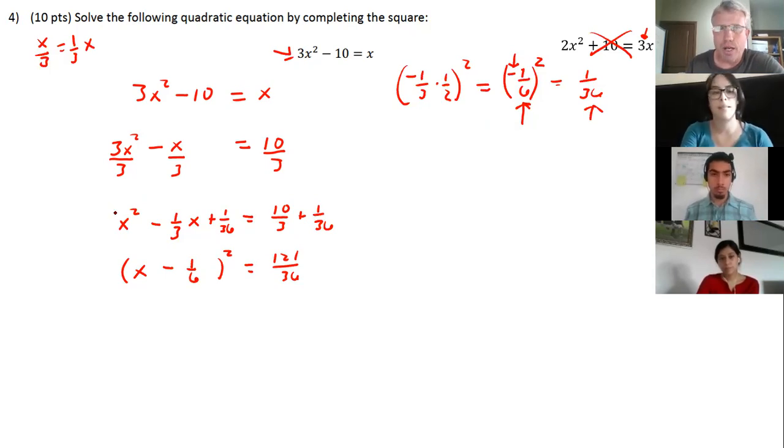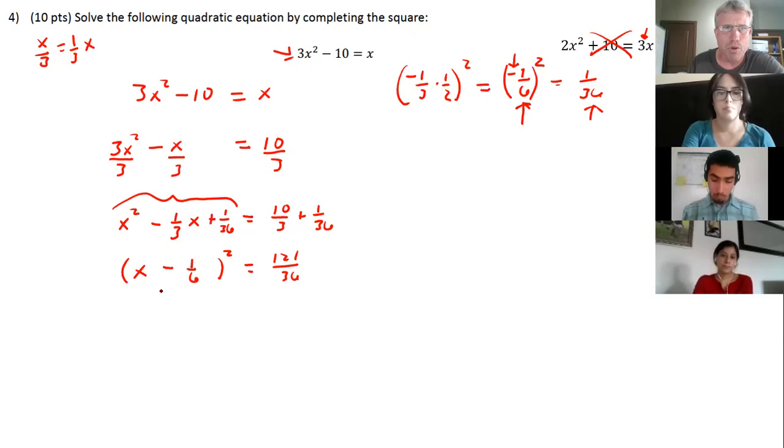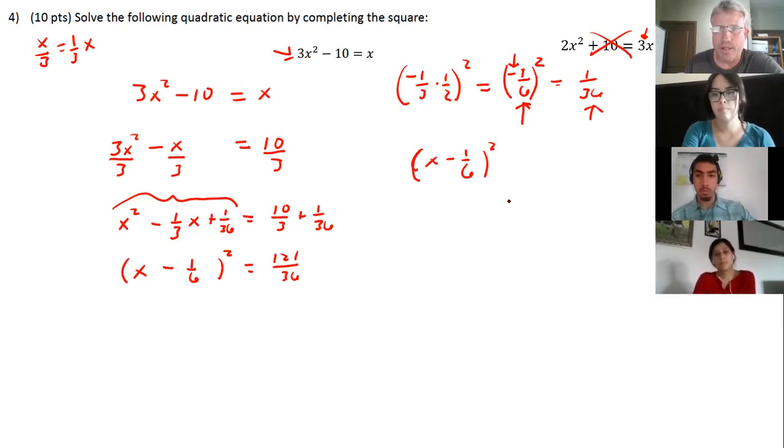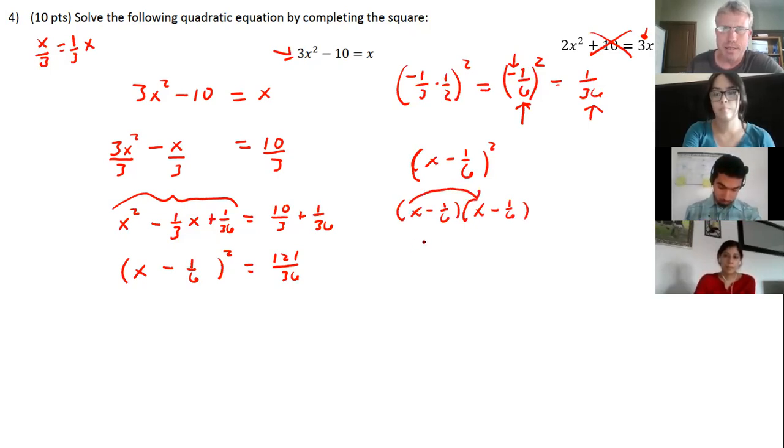And you could check your work on this. You either completed the square correctly here, or you didn't. So what you want to understand is if you take the x minus 1/6 and square it, x minus 1/6 times x minus 1/6, you should get x times x is x squared, minus 1/6 x, minus 1/6 x.